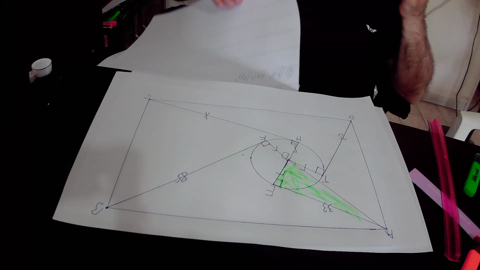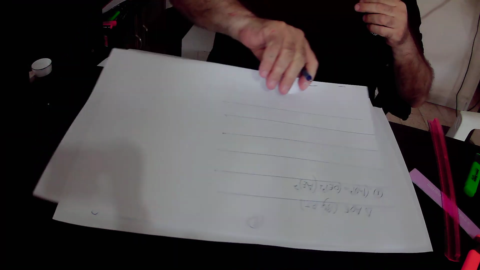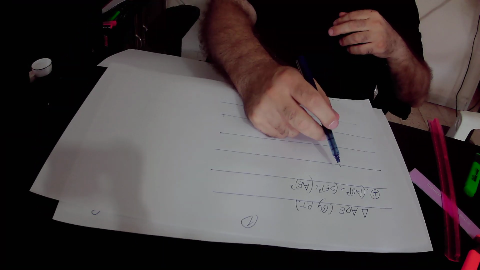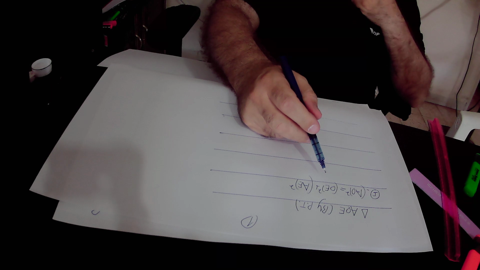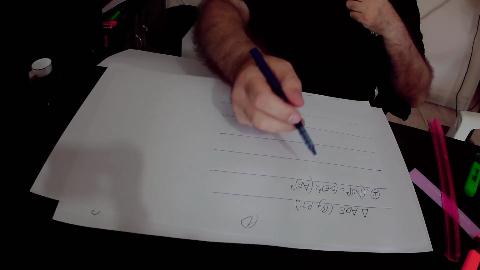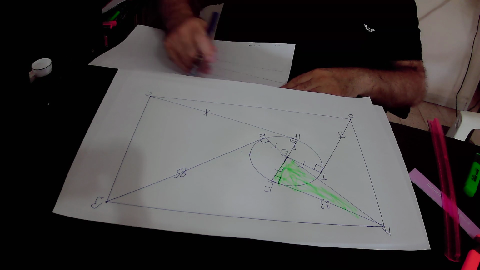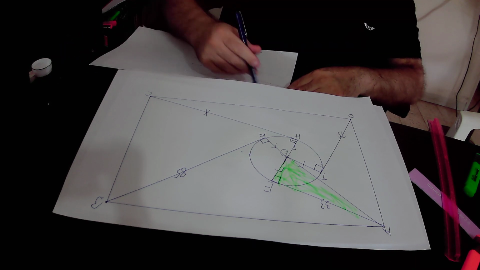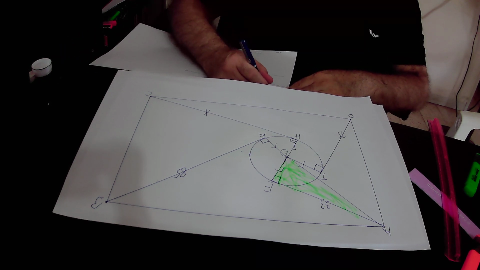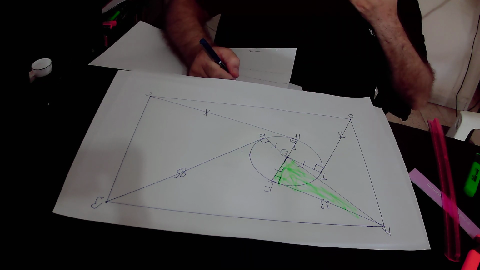So in the right green triangle, triangle AOE, according to the Pythagoras theorem, AO square equals OE square plus AE square.